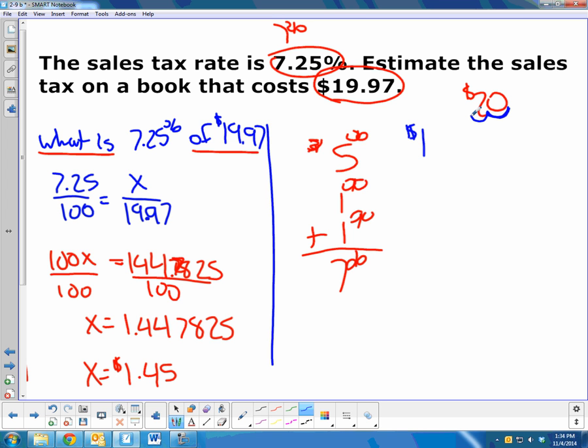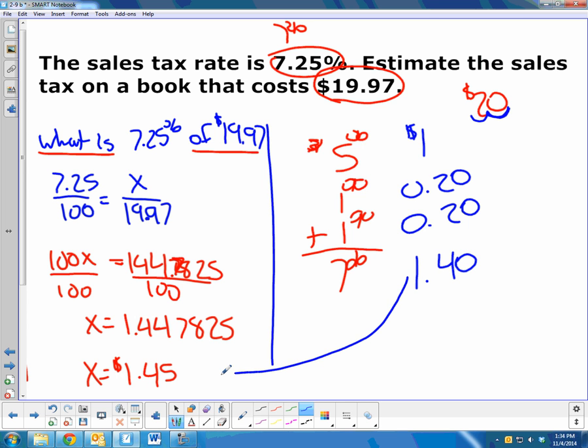It's divided by 100. So 1% is 20 cents. So I'm going to get about $1.40.